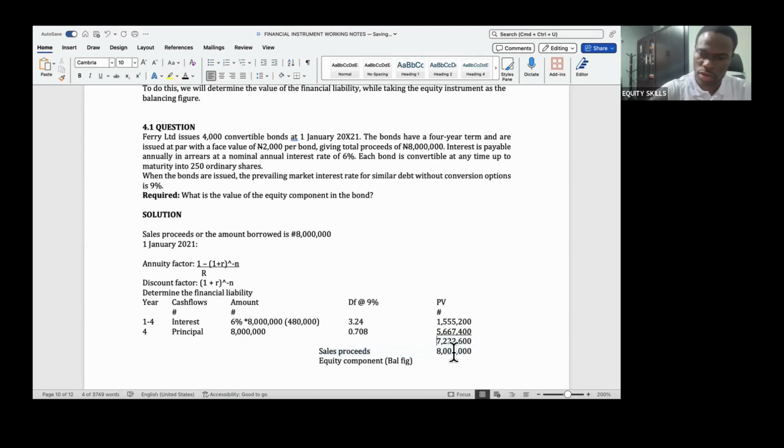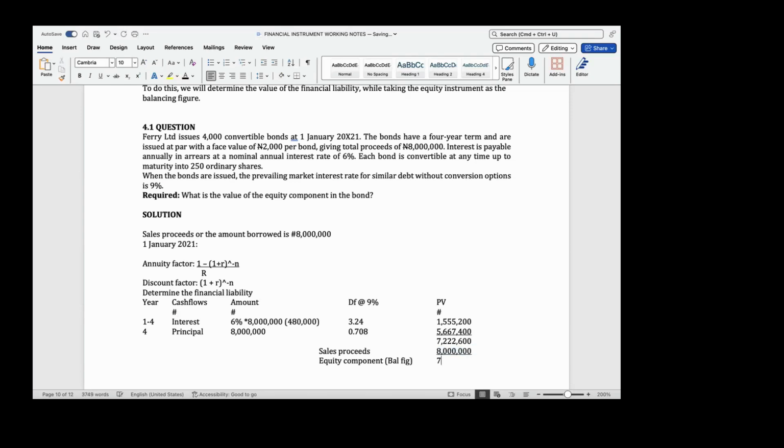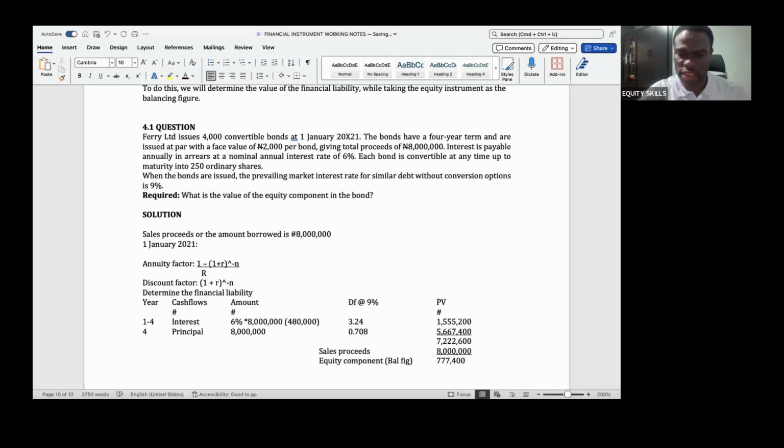So whatever is remaining, 777,400, would represent my equity component.